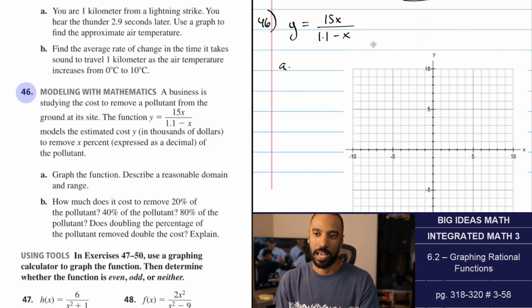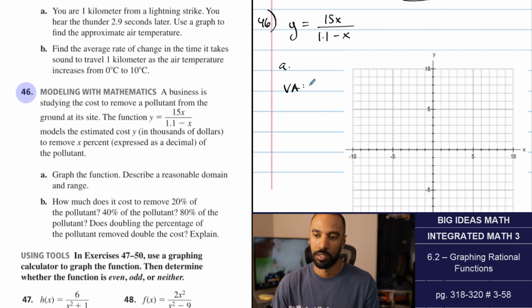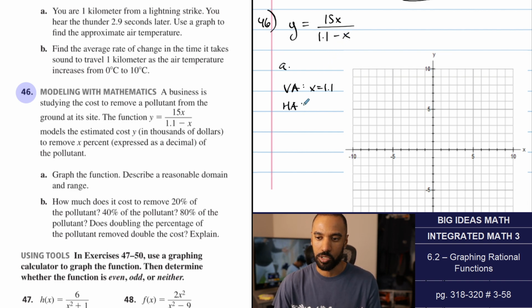Now, the vertical asymptote is no fun. This is 1.1. That's the value of x that makes y 0. The horizontal asymptote is fine, but it's small. 15 over negative 1. Remember, it's about this number, not this number. So it's negative 15.